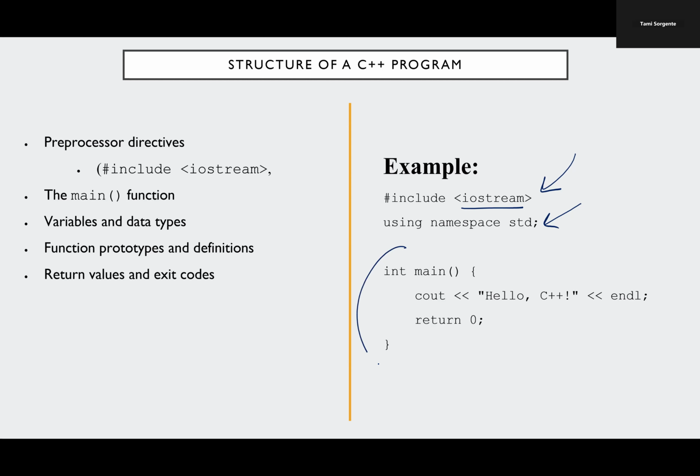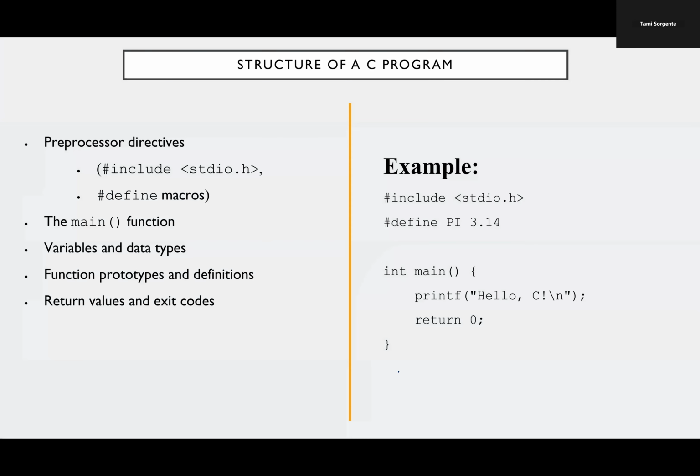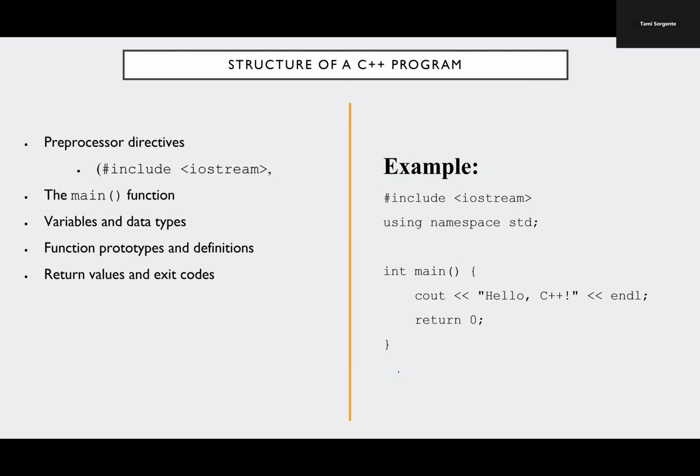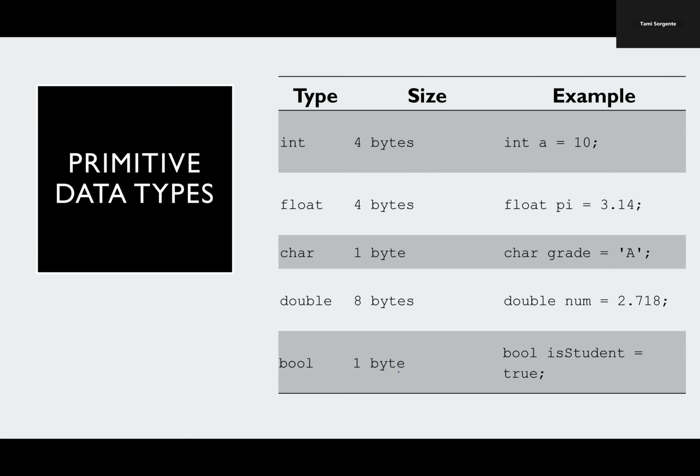You have the main function. The only difference is that instead of using printf and scanf, you use cout and cin. You can also define macros and define constants at the top of your program. This was C. This is C++. C++ has the same data types. The only thing is that you now can add the data type bool that is not part of the C language, that is part of the C++ language.